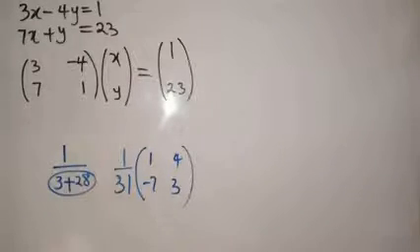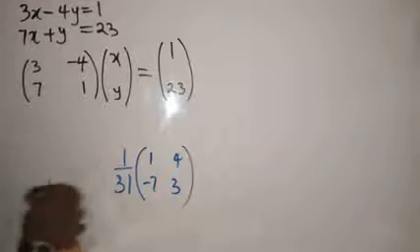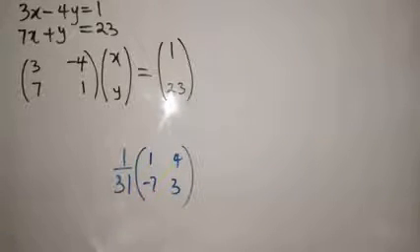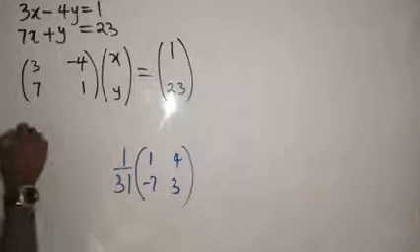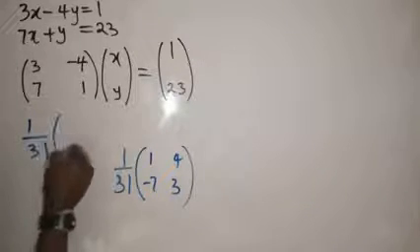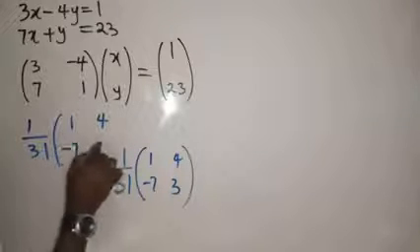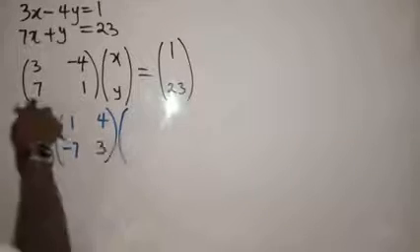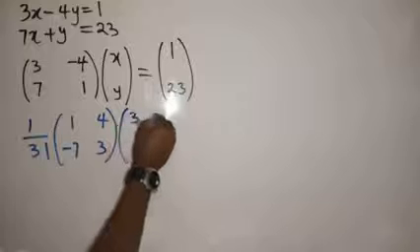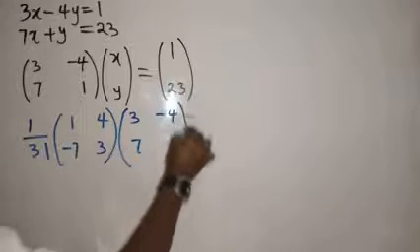Because we are multiplying both sides by the same quantity. So let's do that briefly. Right here we have 1 over 31, [1, 4; -7, 3]. Then we have this [3, -4; 7, 1].